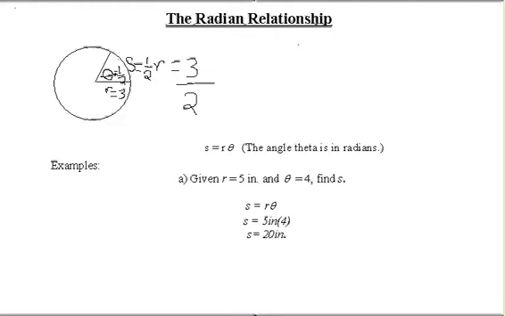And again, notice since the radian is not per se a label as inches are or feet or that kind of thing, it's just a quantity of radii. It has no effect really on the fact that the arc is going to have the same label as the radius. So let's take a look at another example.